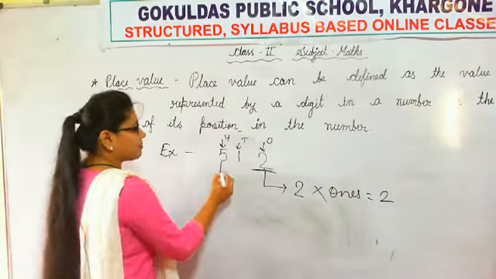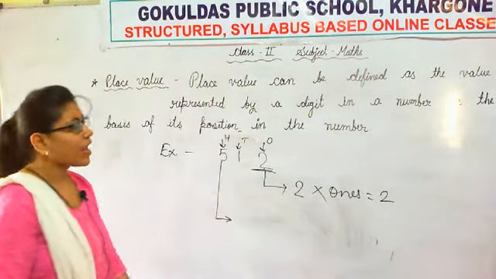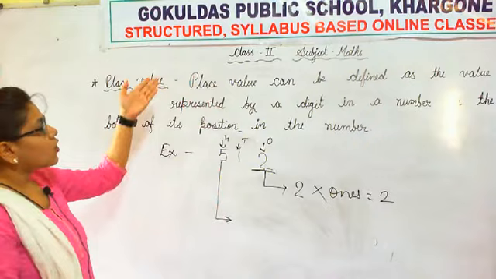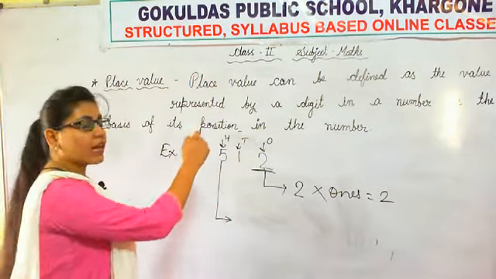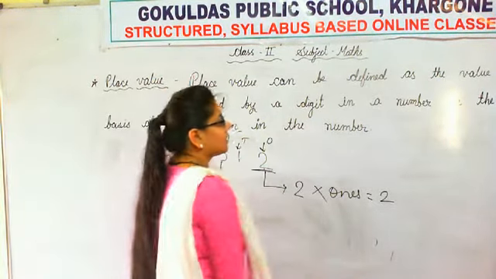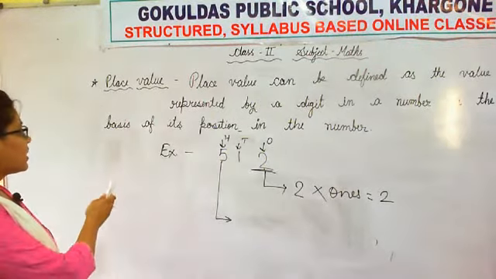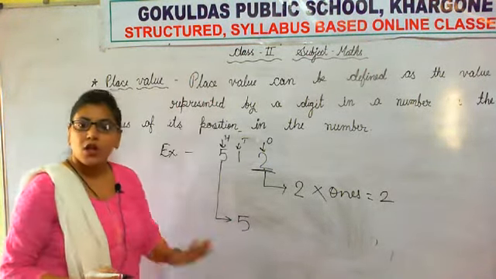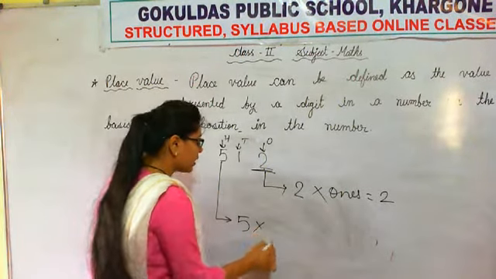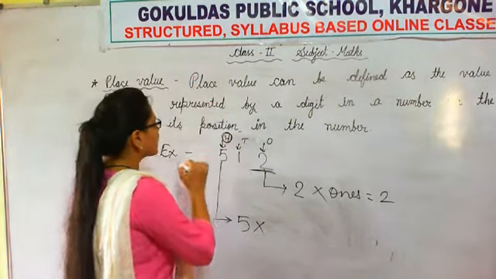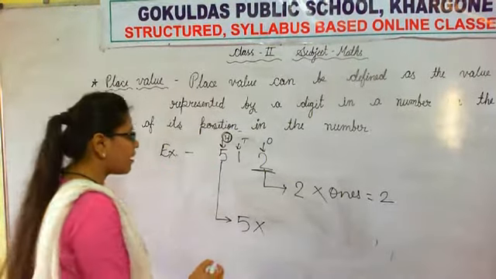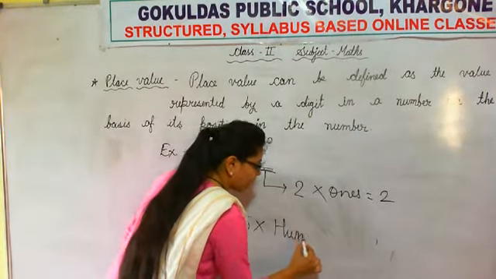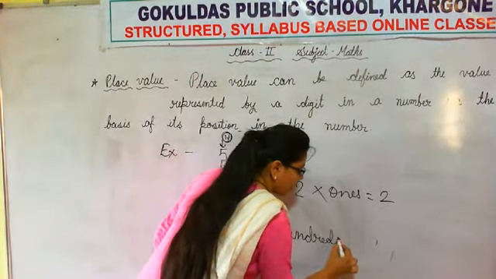Now if I ask the place value of 5, again place value is the value represented by a digit on the basis of its position. What is the digit here? 5. And what is the place here? Hundreds. So 5 hundreds.